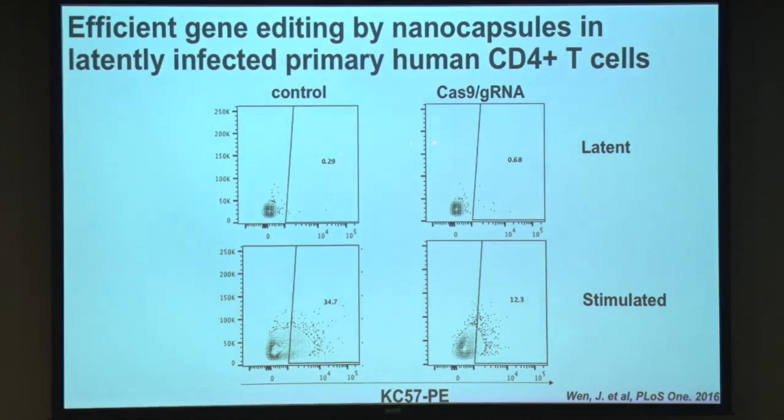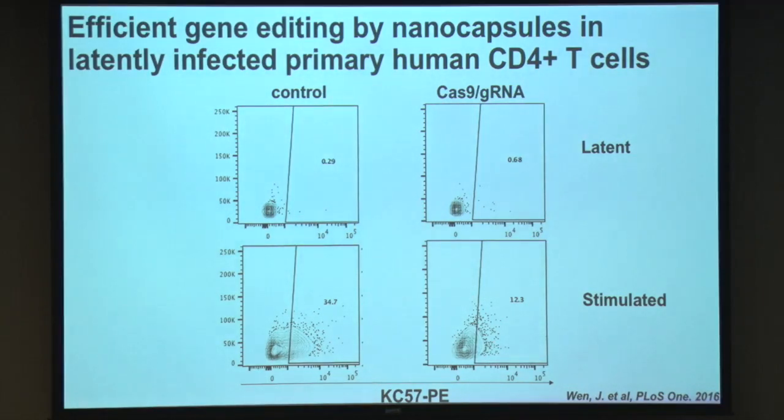The T cells are infected with HIV, then get into the latent stage, and we transduce the cells with the nanocapsule and start to stimulate them. The positive signal here shows how many cells are carrying the HIV gene, and with the nanocapsule, we gene edit around 60% of the cells.